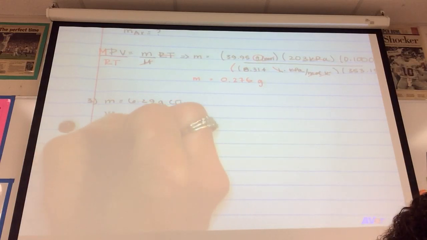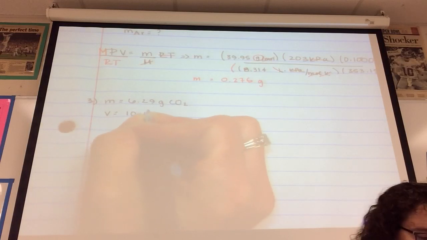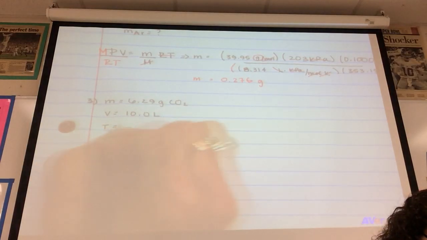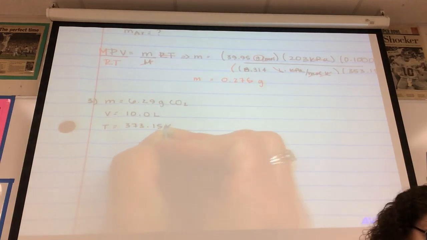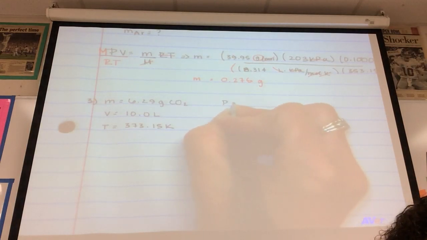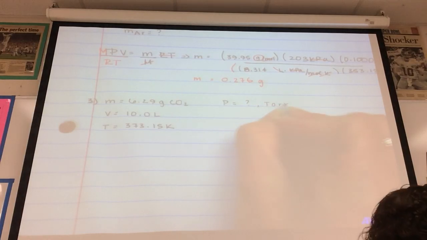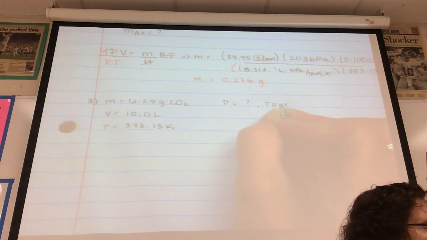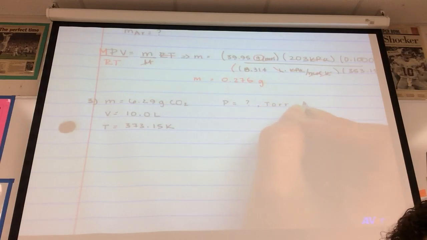Occupy a 10-liter container. Now that they gave it to you in liters, so don't do anything silly. The temperature is 100 degrees Celsius or 373.15 Kelvin. We want to know the pressure in torr that the carbon dioxide exerts on the wall of the container.